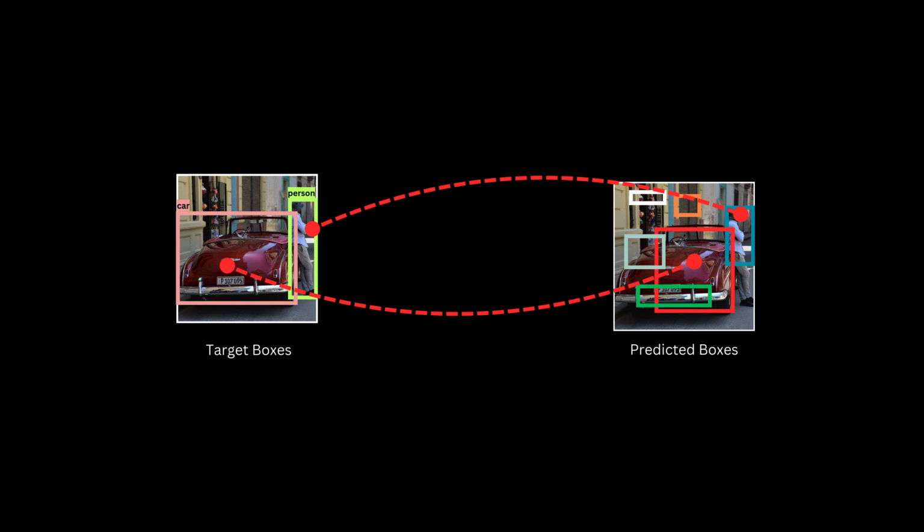So the cost of a target and prediction assignment is a combination of classification and localization cost. The classification cost is negative of probability prediction for target class for the predicted box. This is because we want to have high cost assignment if the model predicts a low probability for the target class.